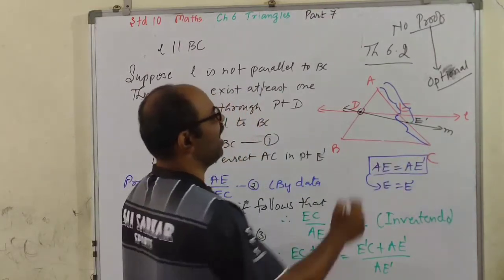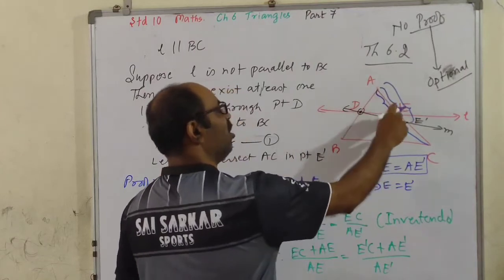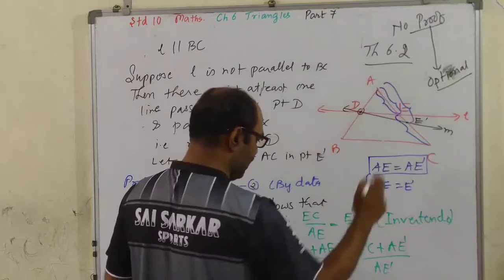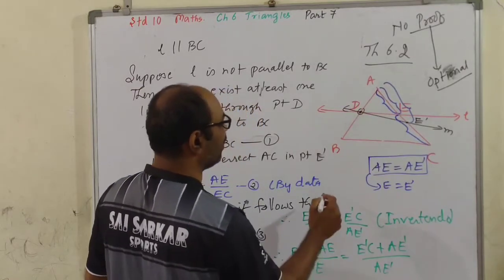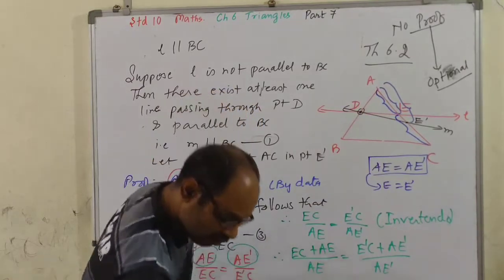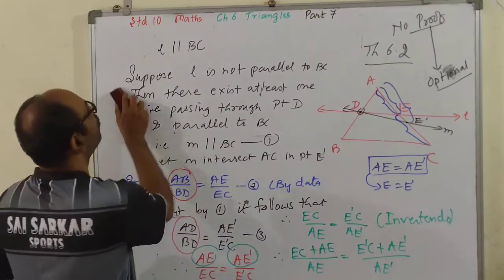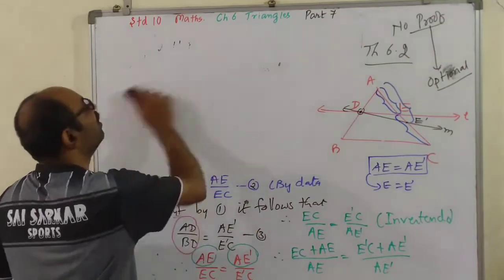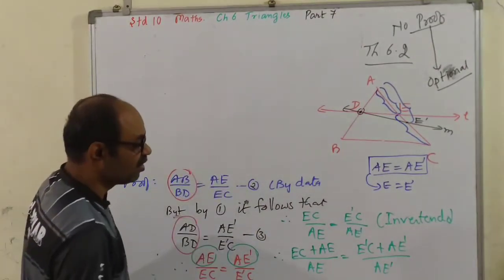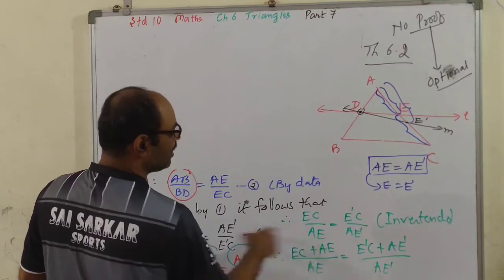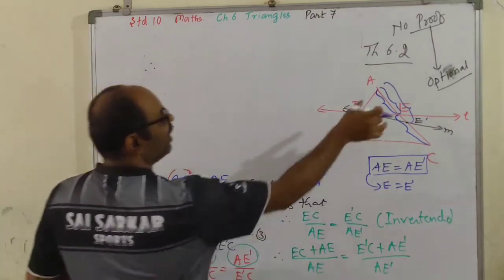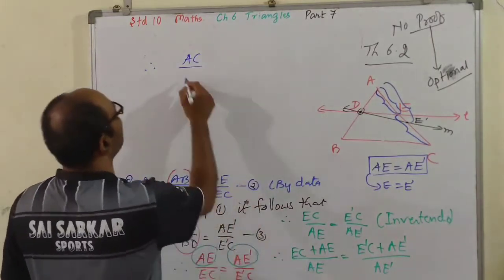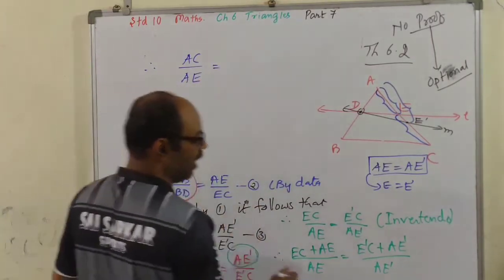EC plus AE, what is AE plus EC? Yes, it is AC. So in the numerator, EC plus AE is AC, upon denominator AE retained.